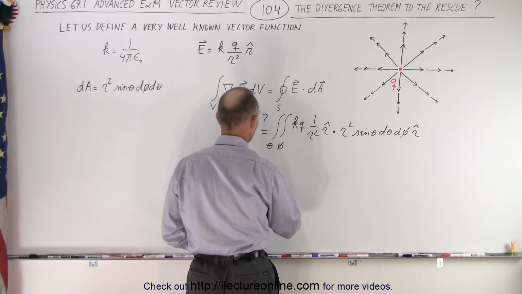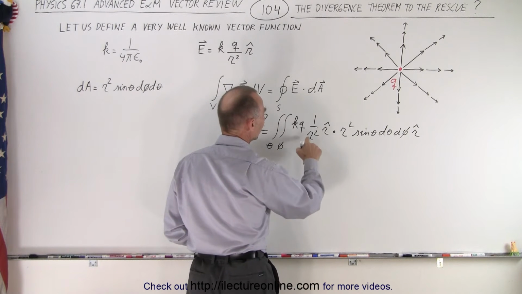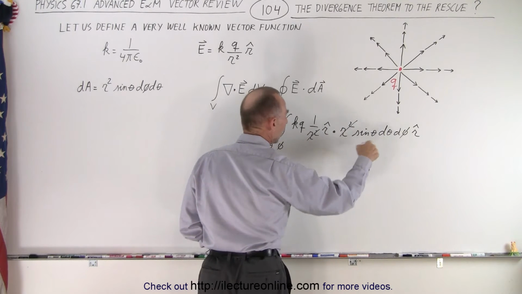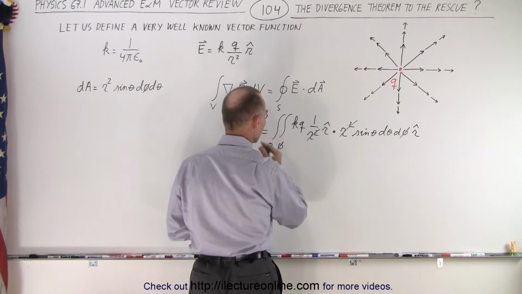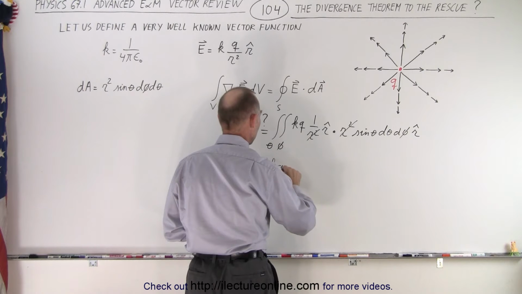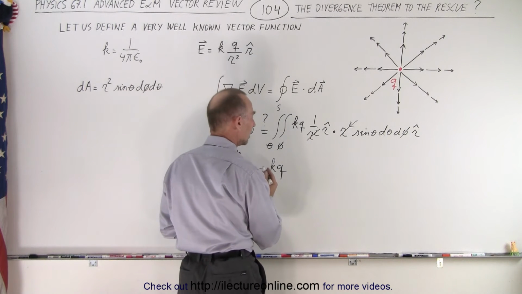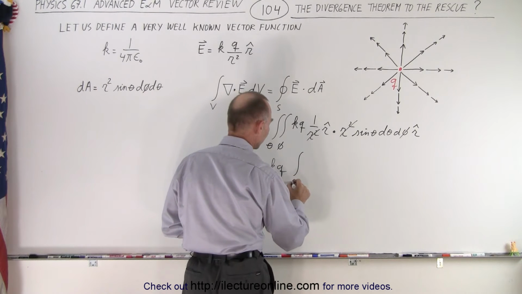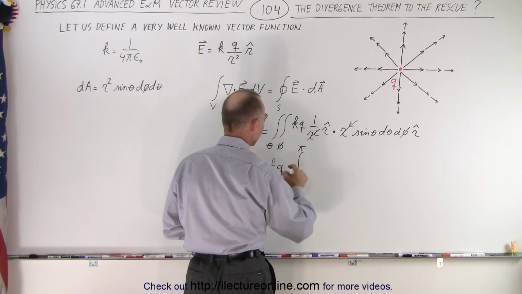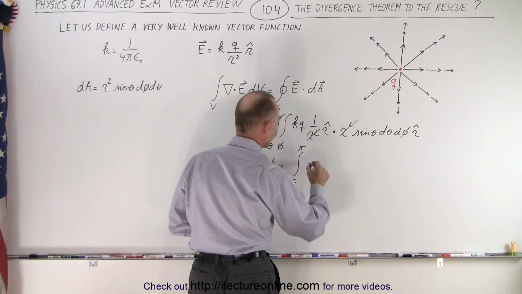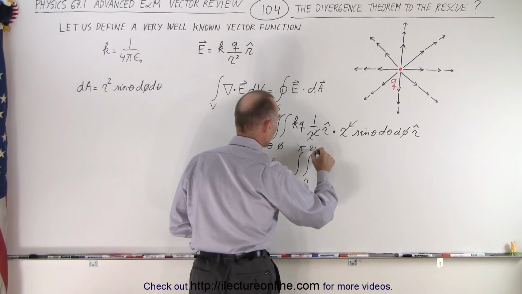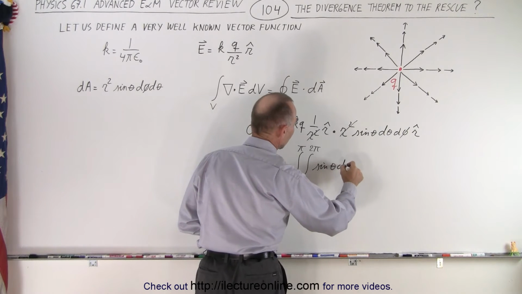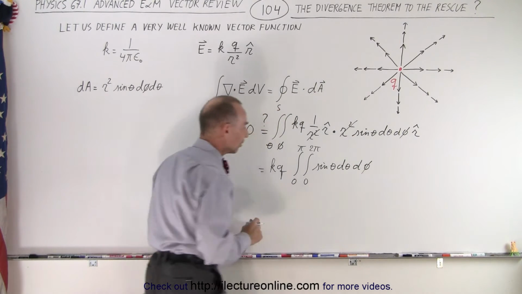Now, notice that we have an r squared and r squared, they cancel out. The r dot r becomes 1. The kq goes outside the integral sign, so we end up with a kq on the outside times the integral for theta, which is going to be from 0 to pi, and for phi that's going to be the integral from 0 to 2 pi, and then we have the sine of theta d theta d phi, which we'll have to integrate.